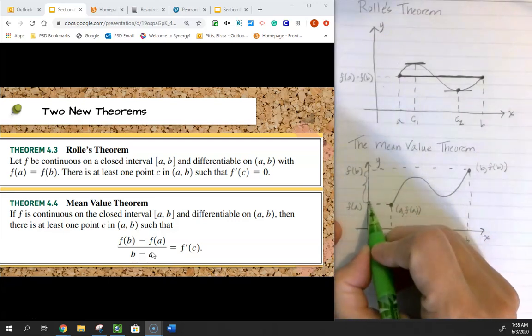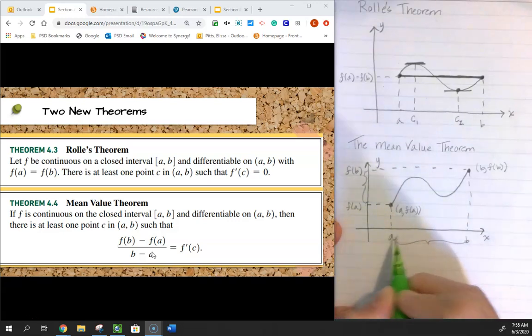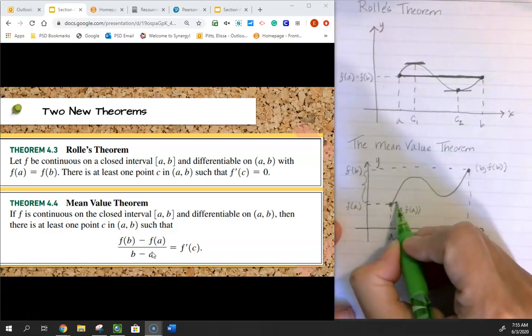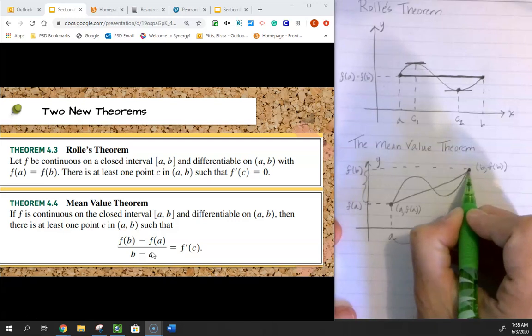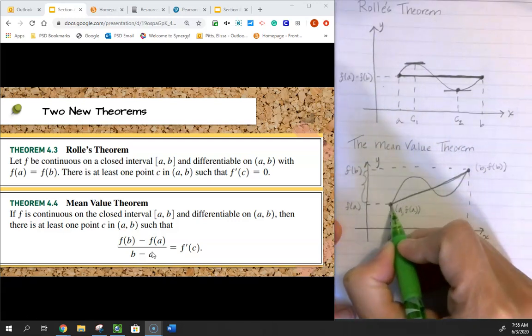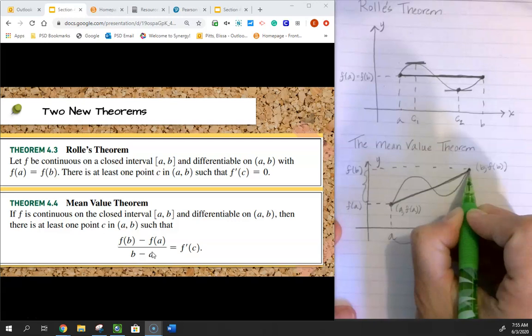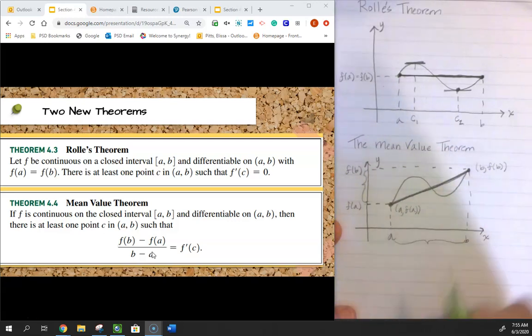Well, f of b minus f of a, y2 minus y1 over x2 minus x1, is the slope of the tangent, or not tangent line, the slope of the secant line between those endpoints.